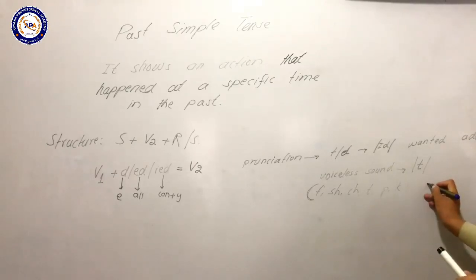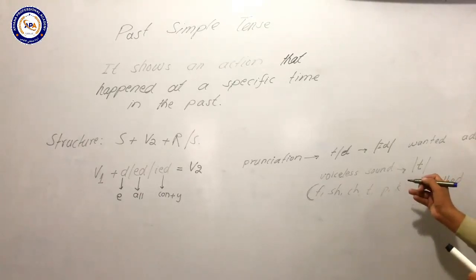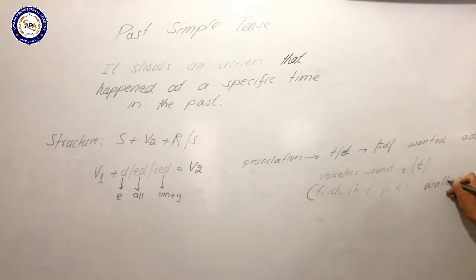Like walk. The second form becomes walked. Not to say wagged. If you say wagged, then this K is pronounced as G. If you pronounce it as K and D, it is hard to pronounce.